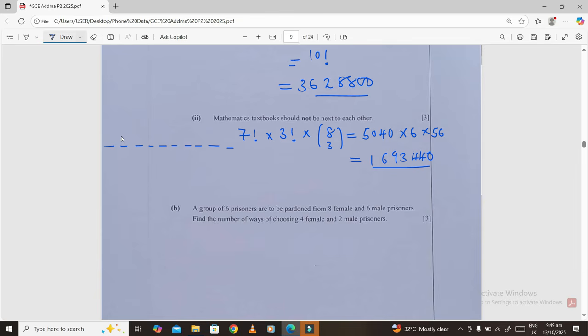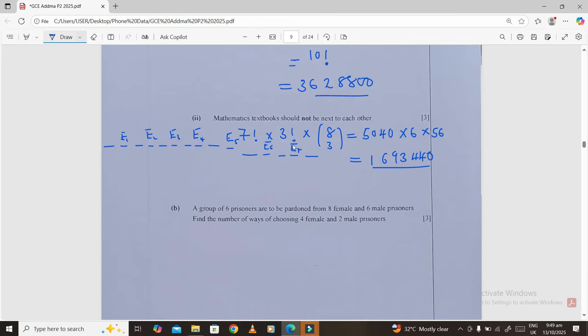So for English there are 7. So English 1, English 2, English 3, English 4, English 5, English, oh sorry, there must be space in between. So this is English 6, English 7.